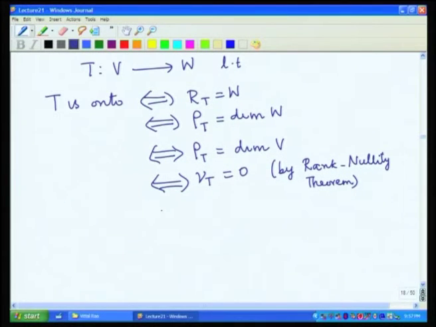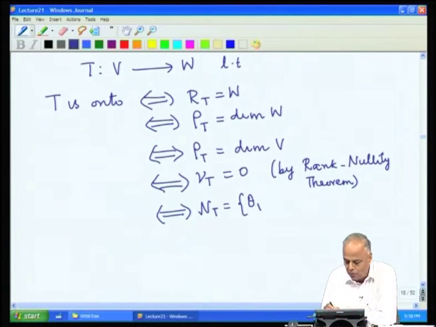Now, the nullity being 0 is exactly the meaning of the fact that null space of T consists of only the 0 vector, and this is exactly the meaning of T is 1-1.